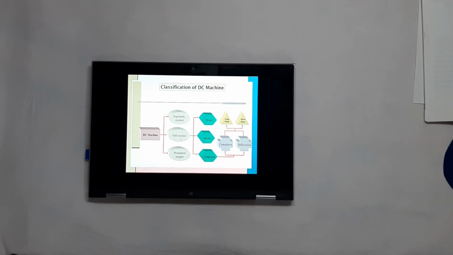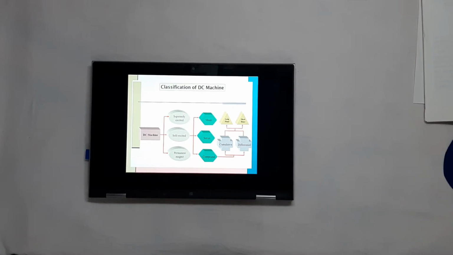In the self-excited generator, we have three types of DC generator, depending upon the connection of the field. One is called a shunt generator, the second one is a series generator, and the third one is a compound. Under the compound generator, it is subdivided into cumulative compound and differential compound.